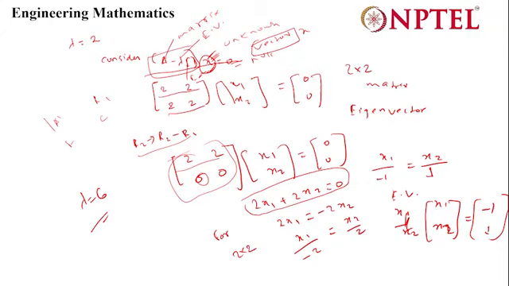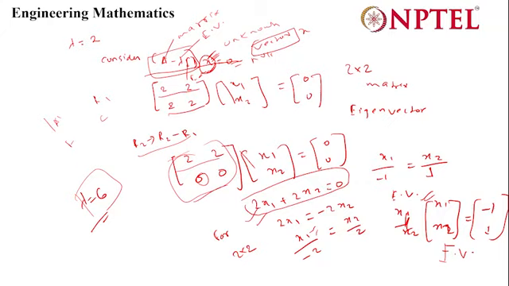Then I simply multiplied and got this one equation. From that equation, I got the ratio of x1 and x2, so what value will be in x1 and what in x2. Those values will be called the eigenvector. The same thing I asked you to do for lambda equals 6.